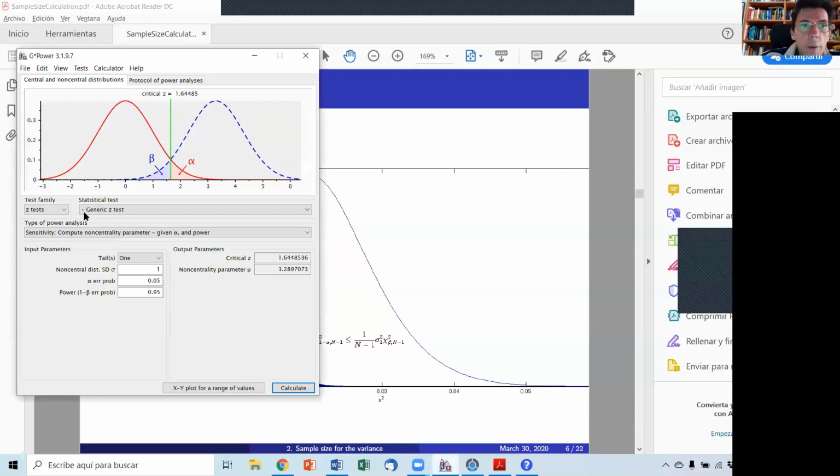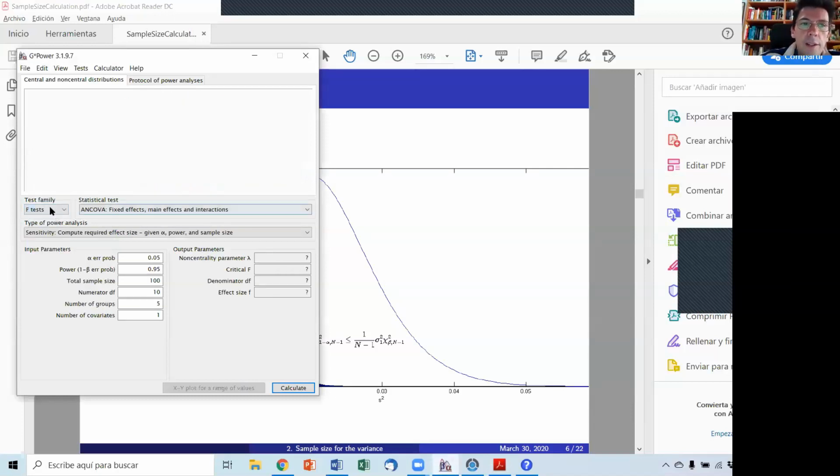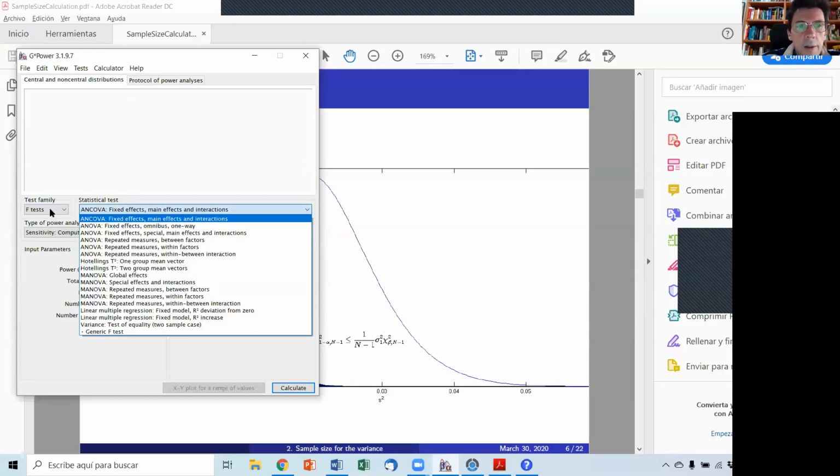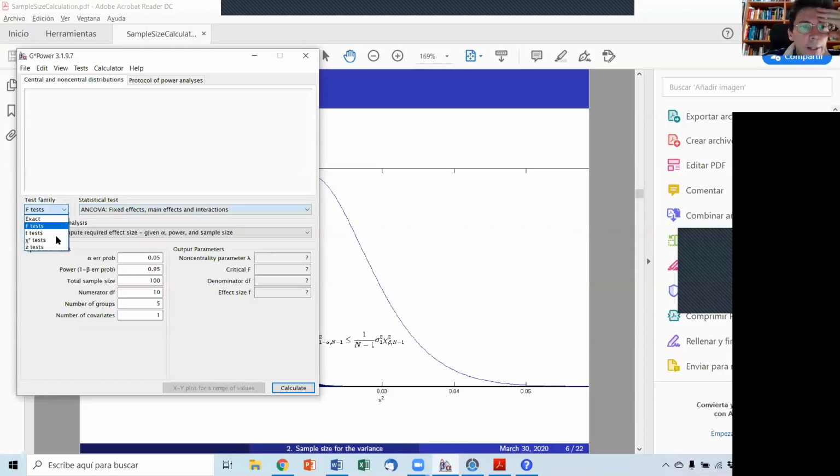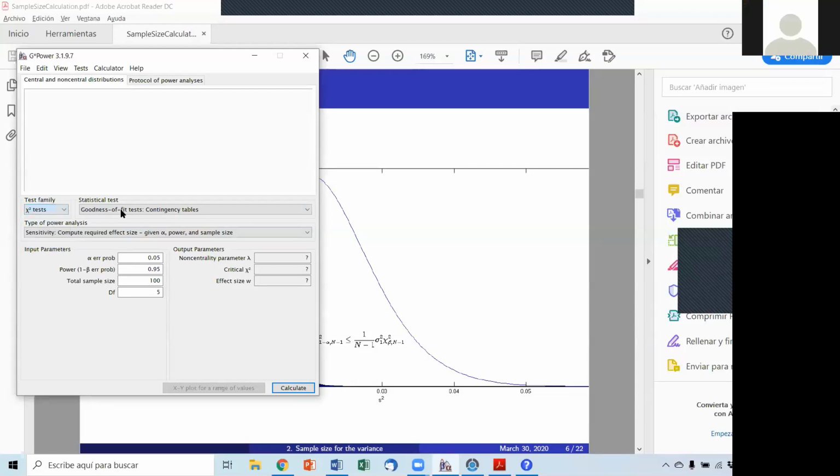So many tests at the end, they are an F-test, and the F assumes normality too. So the residuals should be, or the data should be Gaussian. And the same for the chi-squared. So all these families of tests, they assume normality, and there are really many. Okay, thank you.